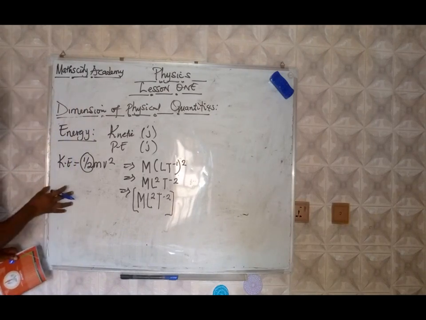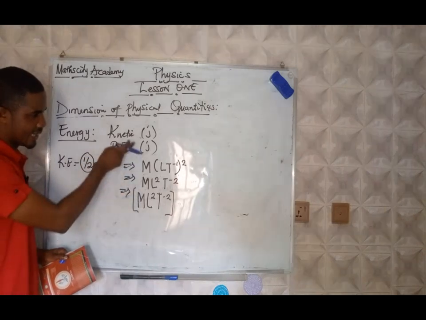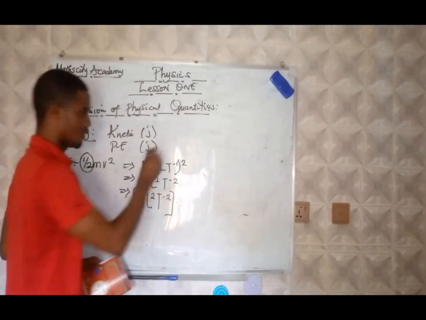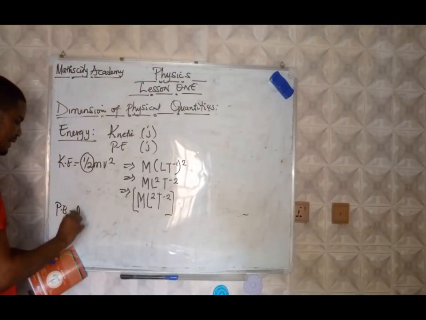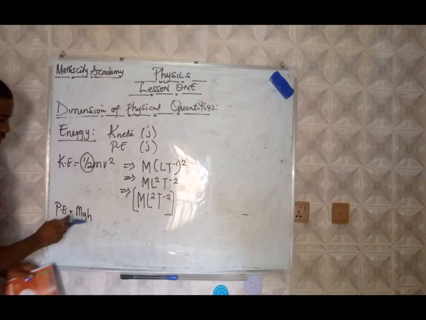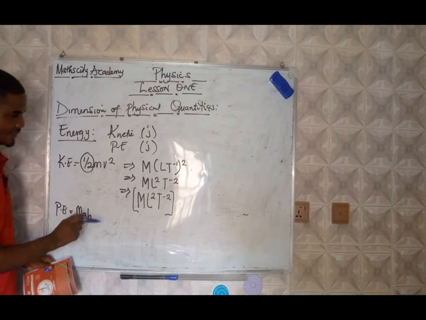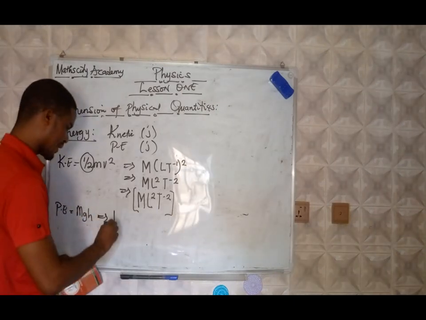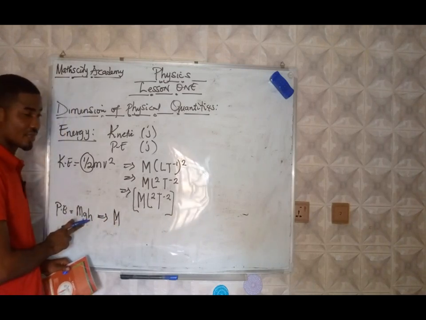Now, we want to also find the dimension for potential energy. If it doesn't look like this, then this is not equal to this, since their units are the same. Okay, let's see. For potential energy, it is mgh: mass times acceleration due to gravity times height. What is the dimension for mass? It's capital M. What is the dimension for acceleration due to gravity?